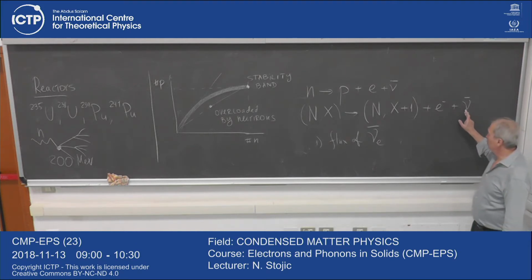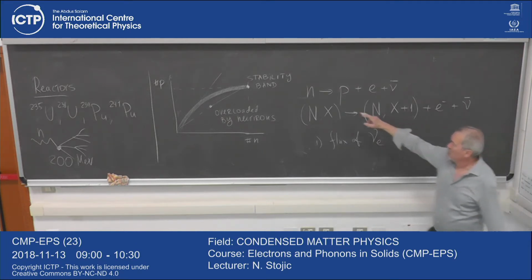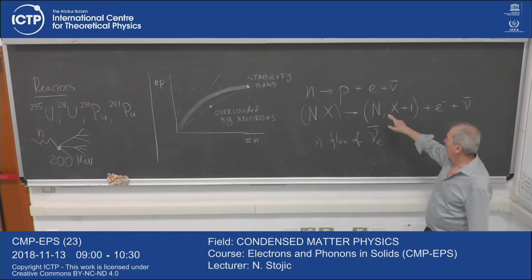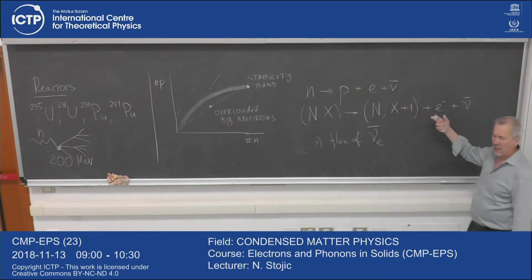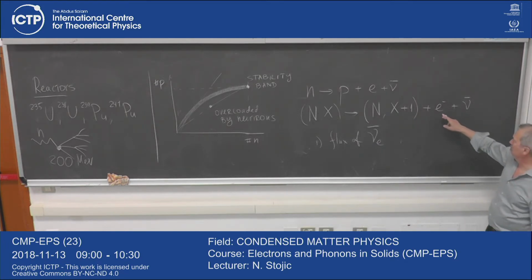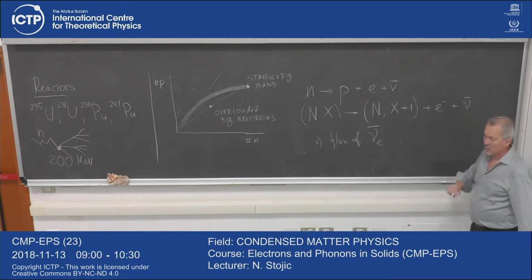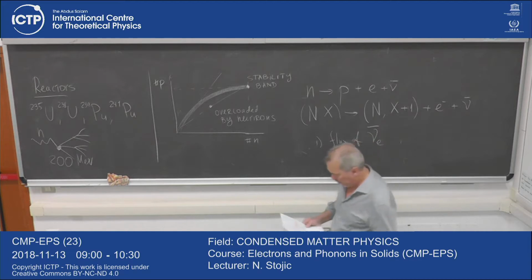This is related to the fact that a neutron goes to a proton, which means that the charge of the nucleus increases by 1 unit, and then due to electric charge conservation, you need to produce an electron, not a positron, but an electron. And then an antineutrino because you have the conservation of lepton number. So in this way you conserve lepton number.